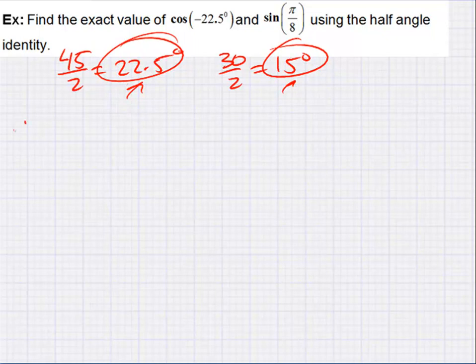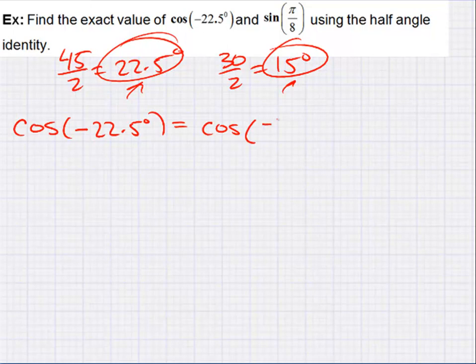So if I look at the cosine of negative 22.5 degrees, that's the same thing as saying let's take the cosine of negative 45 degrees divided by 2.